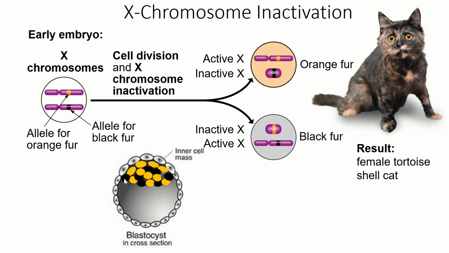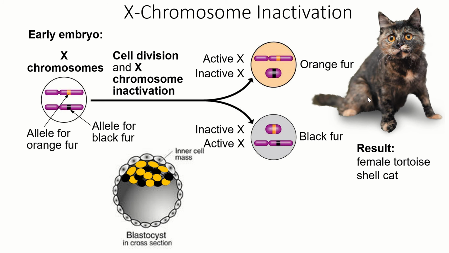So imagine that we have this blastocyst and the X chromosomes, one carries a gene for orange fur and one carries a gene for black fur, or I should say allele. In some of the cells, the orange gets packed away, and in some of the cells, the black chromosome gets packed away. Now, these cells are going to continue to do mitosis and develop into a cat.